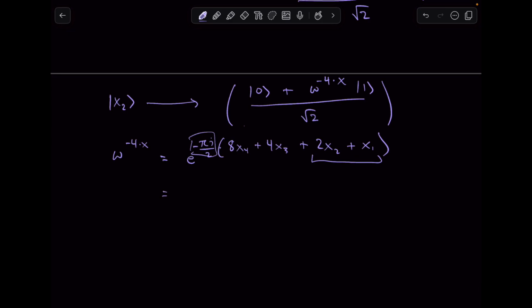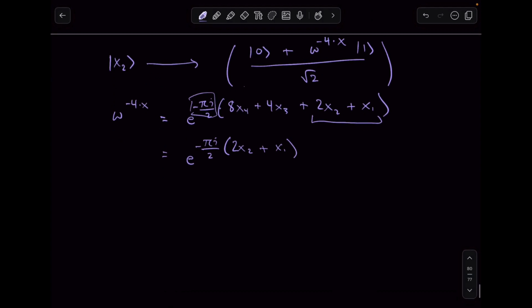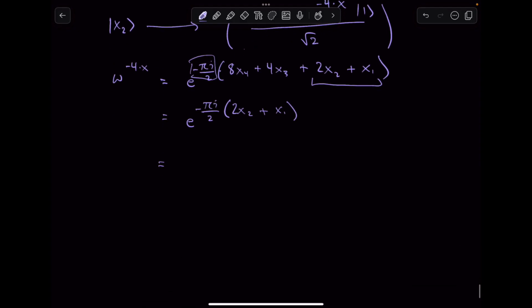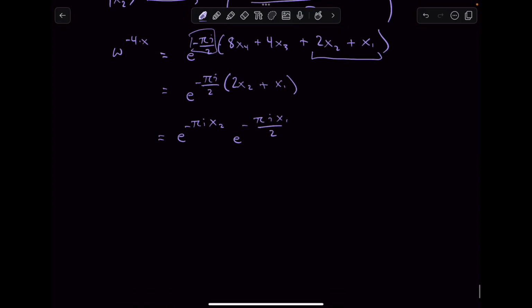So this thing is e to the minus pi I over 2 times 2x2 plus x1. And what is this? Writing it as a product, we have e to the minus pi I x2, times e to the minus pi I x1 over 2. And simplifying further, we have minus 1 to the x2 and minus I to the x1.